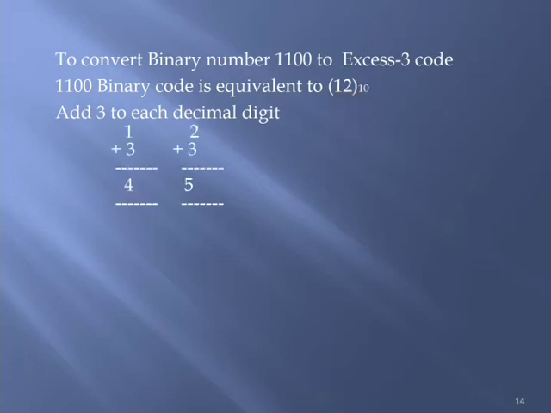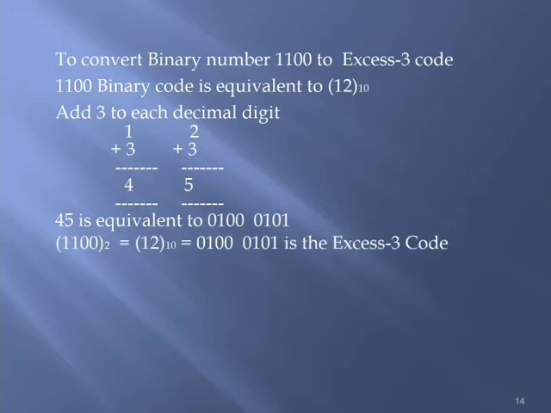So 1 plus 3 is 4, and 2 plus 3 is 5. After adding 3 to each decimal digit, you get 45, and 45 is equivalent to 0100 and 0101 as binary.